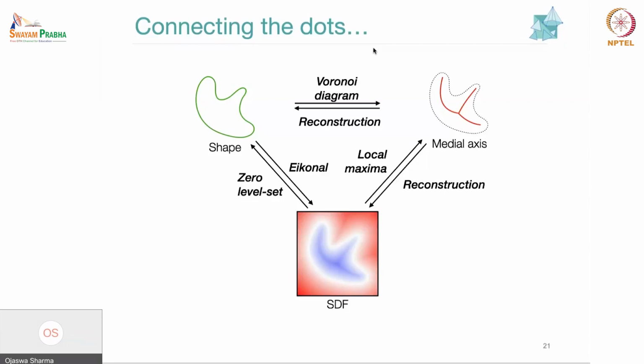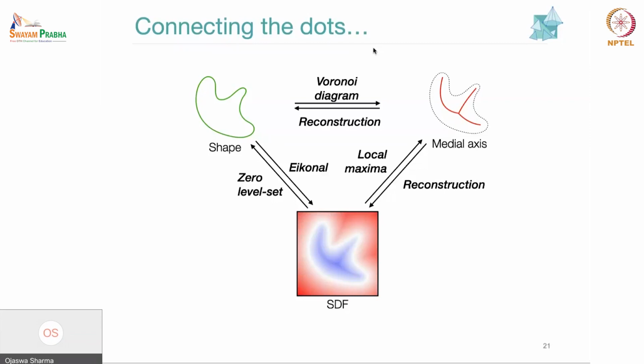As you can see, it's one-dimensional. It is one dimension less than the original dimension of the shape. So if I store the radius of the maximal ball at every point on the medial axis, I can recover the shape with the reconstruction. So I have to take a union of all those balls, and I can get the surface back.